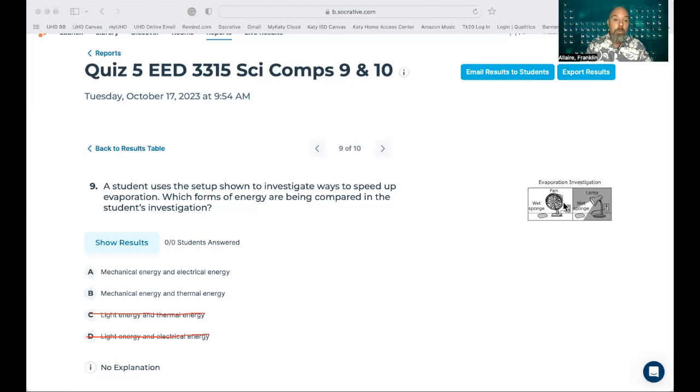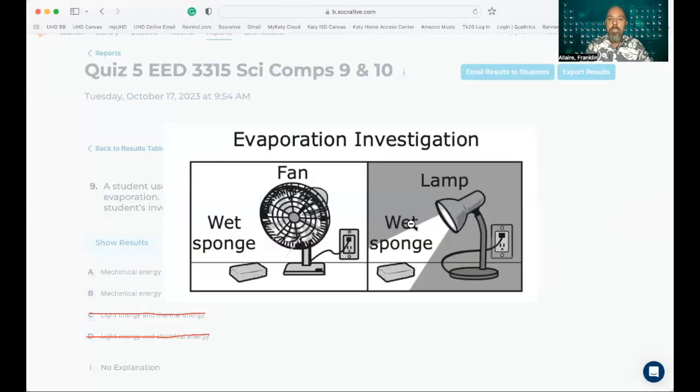So now we can think about this, and yes, both the fan and the light are plugged into an electrical outlet. So yes, there is electrical energy involved, but both of these run on electricity, and that electrical energy is being transformed into something else.